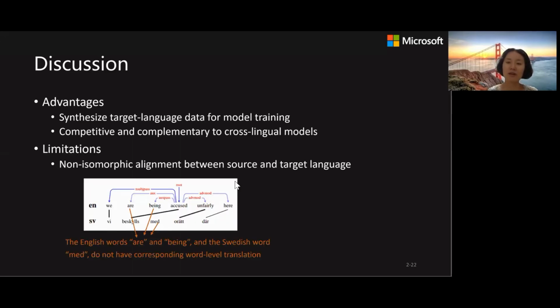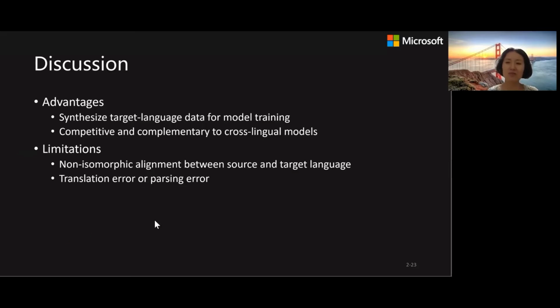However, they also have limitations. First, there is not always perfect alignment between source and target words. For example, in this case, the English word "being" and the Swedish word "mate" don't have any corresponding word level translation.